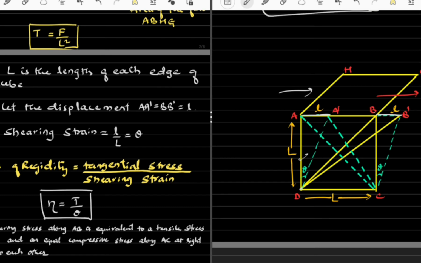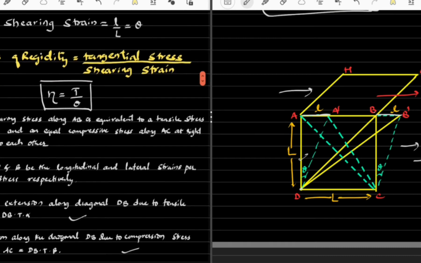See here, from the D to B dash the extension will take place, and then A to C the compression will take place. So these two, compression and extension, are used to produce the deformation in the body. So that deformation is used to change the shape of the body. So how does the deformation take place here?